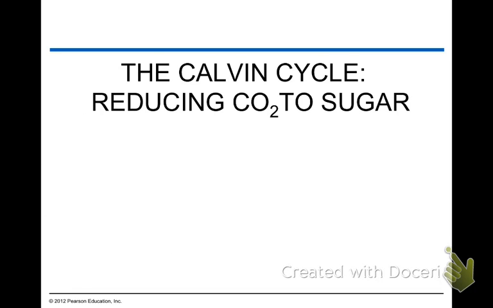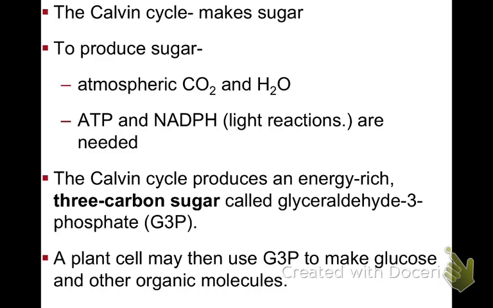Okay, we move to the part where we are talking about the Calvin cycle, where carbon dioxide is reduced to sugar. So for making that sugar, I need atmospheric carbon dioxide and water. I also need ATP and NADPH.